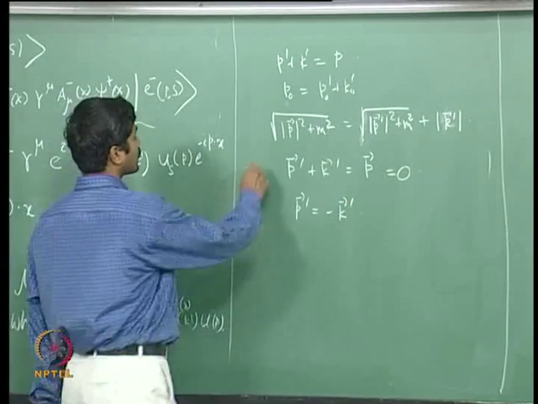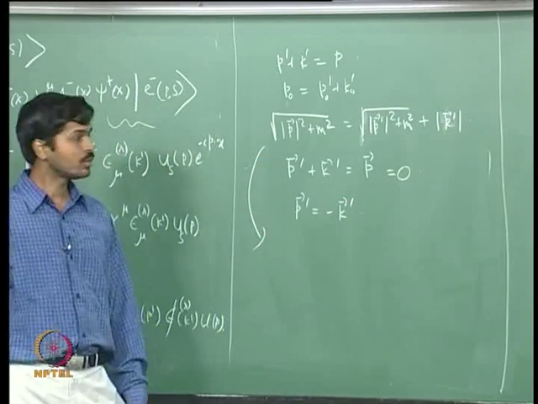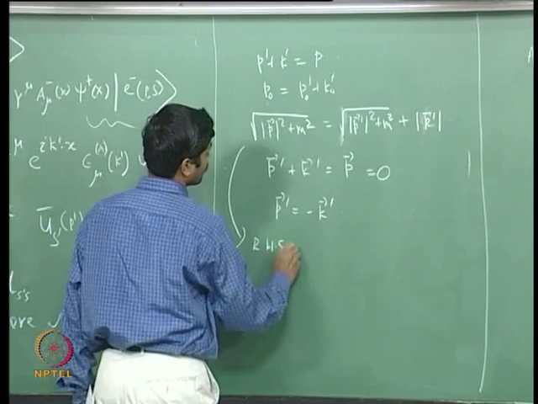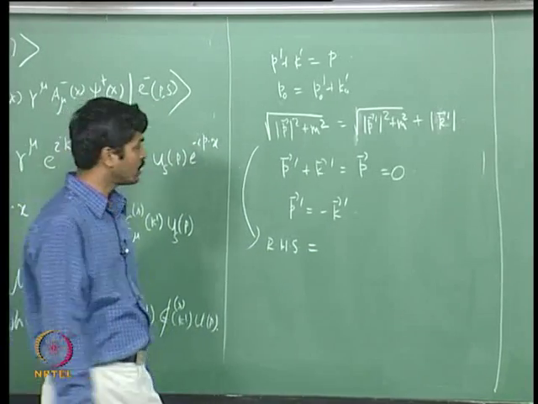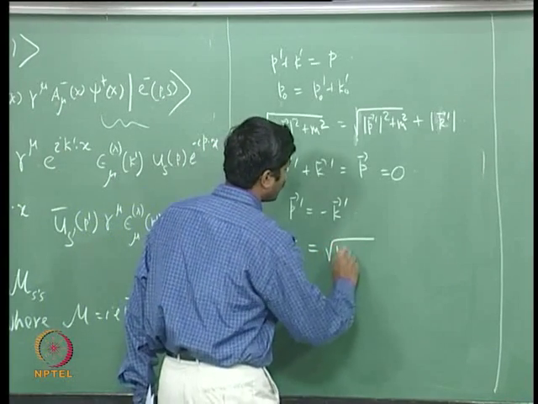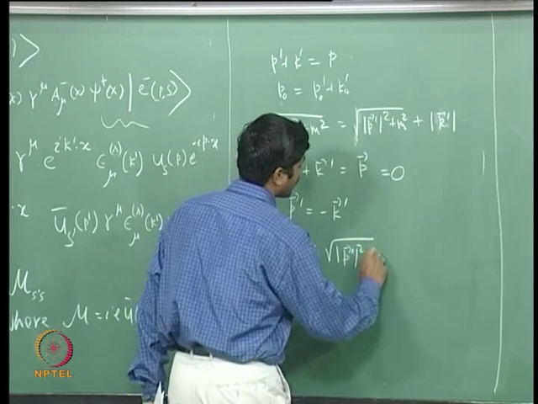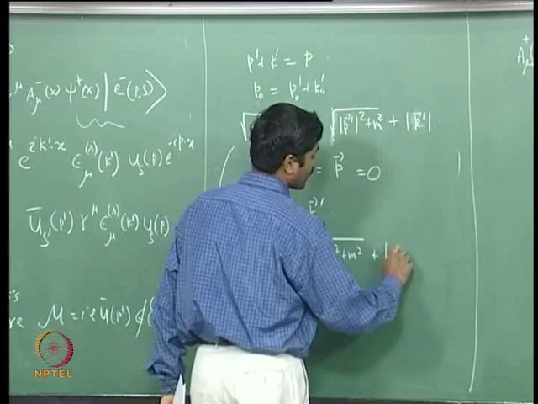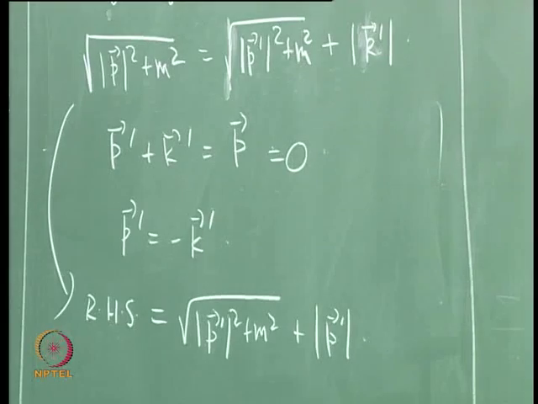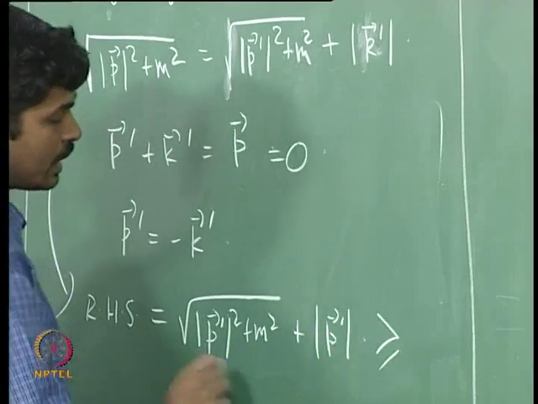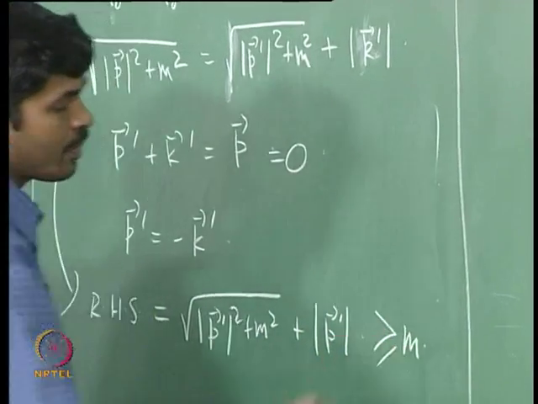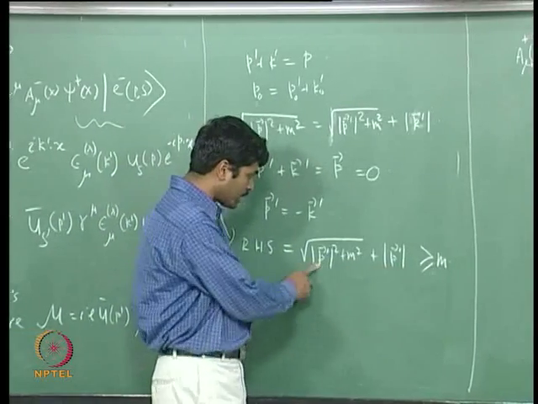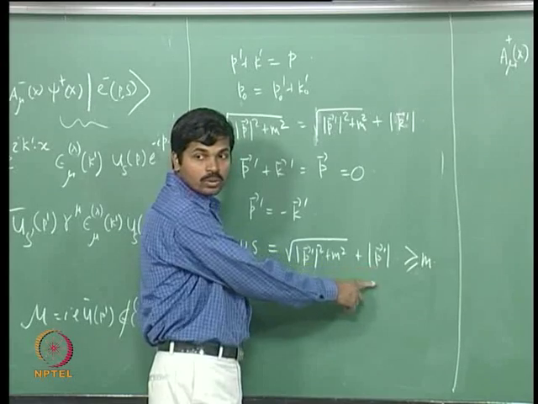Now, what does this equation give me in the rest frame? The RHS is simply equal to the square root of mod p prime squared plus m squared plus mod p prime. This quantity, as you can see, must be greater than or equal to m, and the inequality is saturated only when p prime is equal to 0.